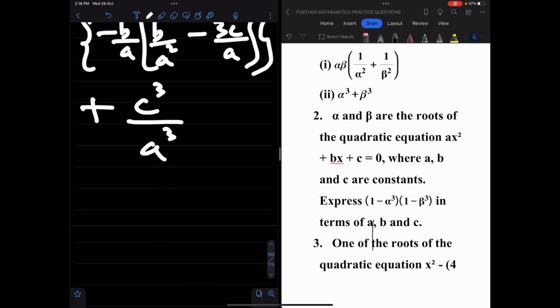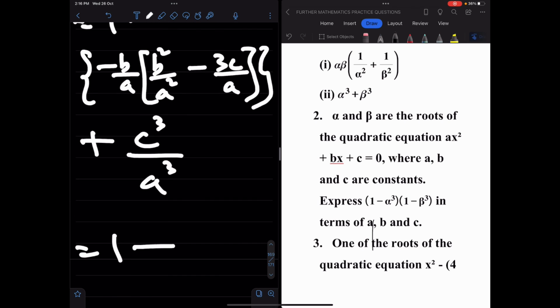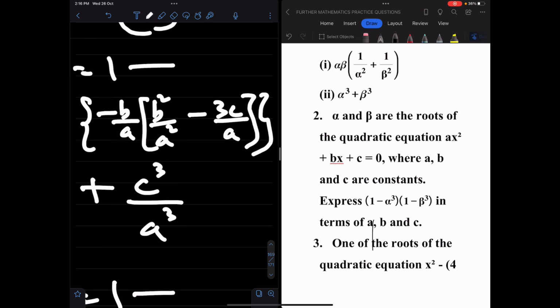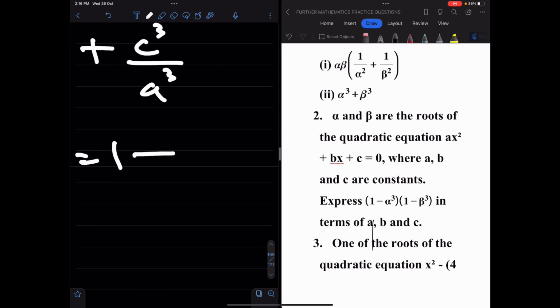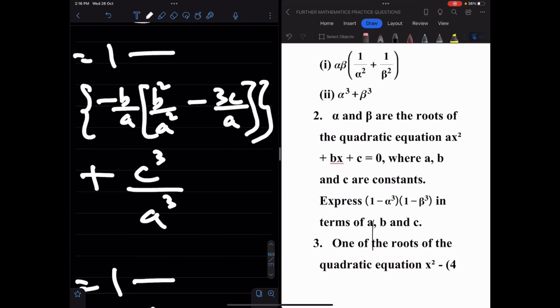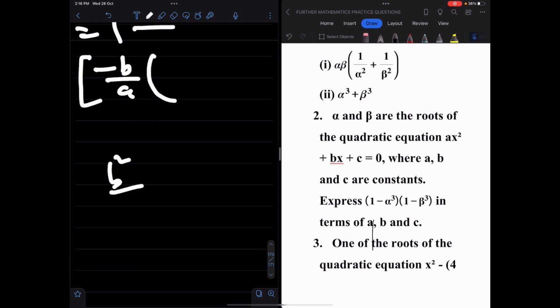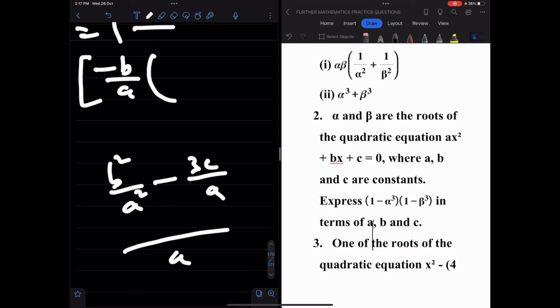Now that's equal to 1 minus, let's simplify, open bracket, minus b over a times, what is b squared over a squared minus 3c over a. The LCM is a squared.